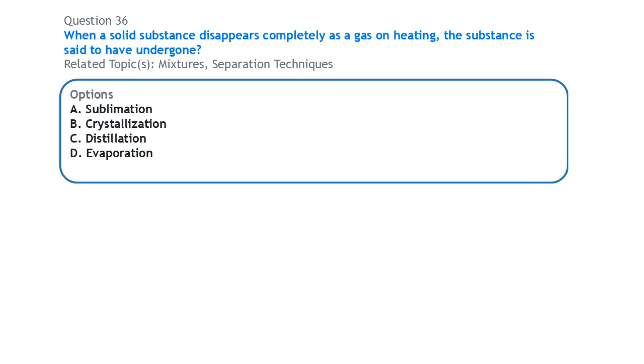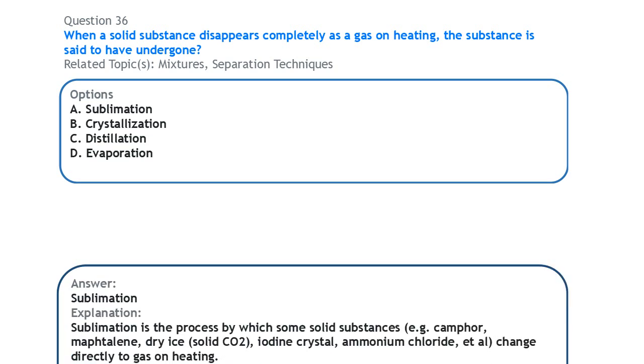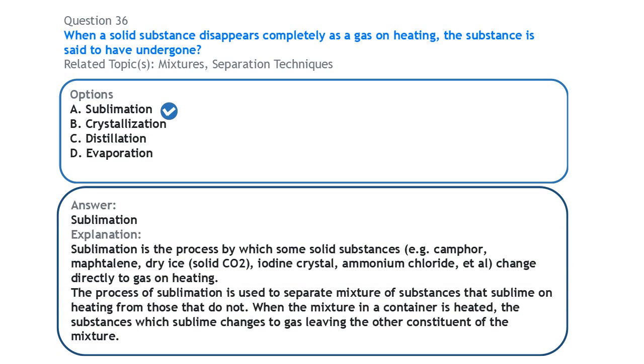Next, on mixtures, when a solid substance disappears completely as a gas on heating, the substance is said to have undergone... that is what is regarded as sublimation. That is a direct phase change from solid to gas. So when certain solid substances like camphor, naphthalene, dry ice, iodine crystals are heated, they vaporize into gas.